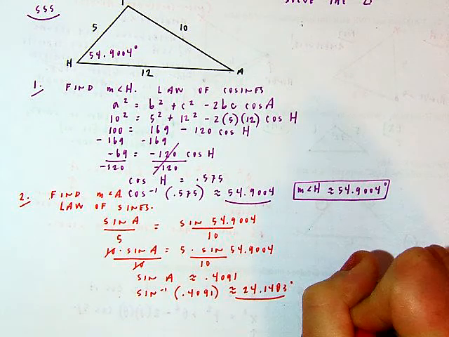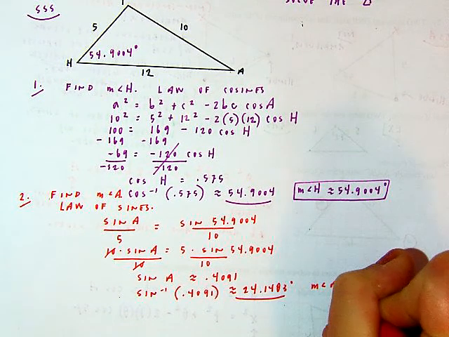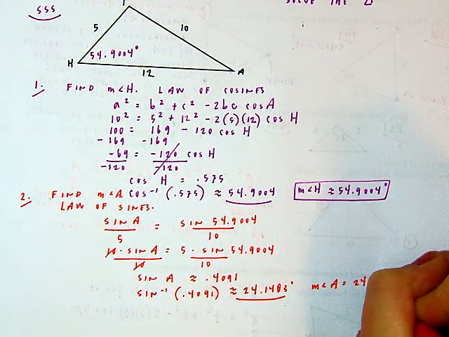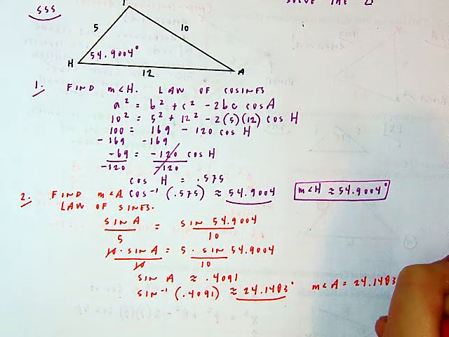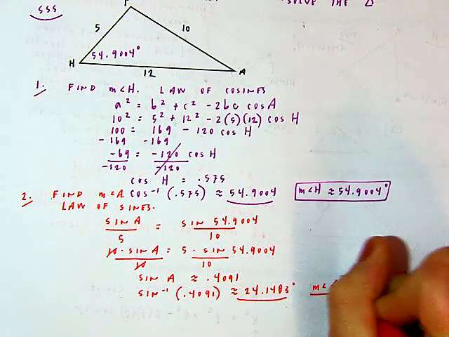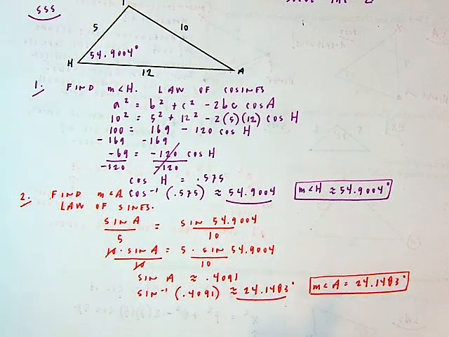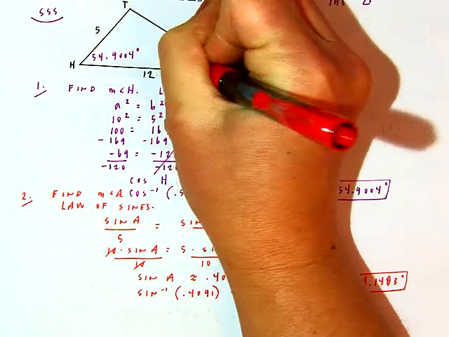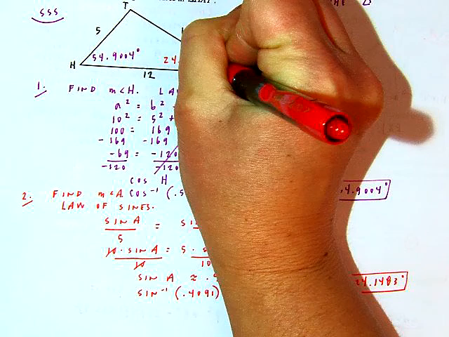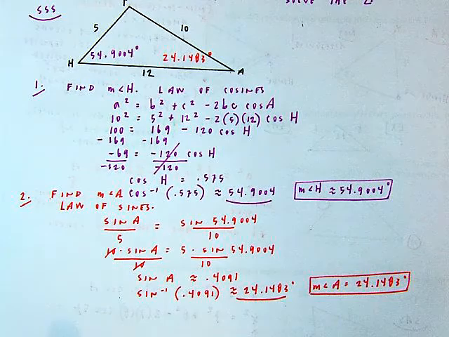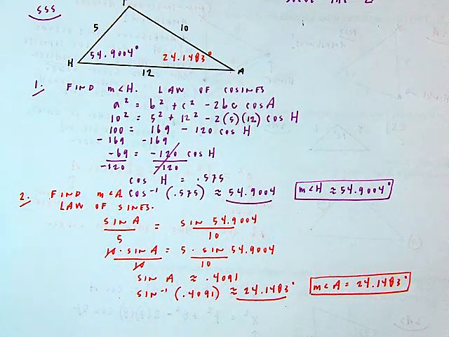So that's the measure of angle A. So 24.1483 degrees. Let me add that to my picture. So here, 24.1483 degrees.